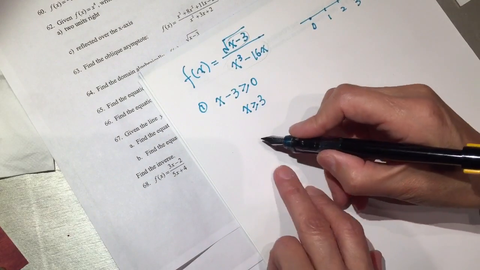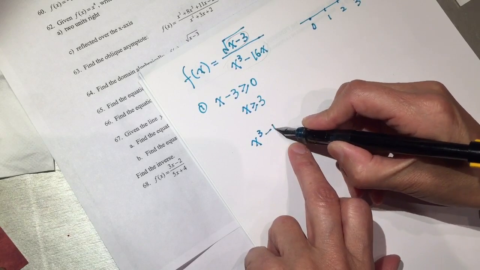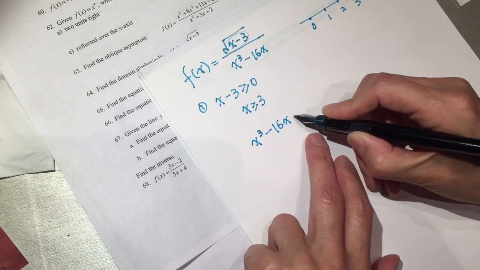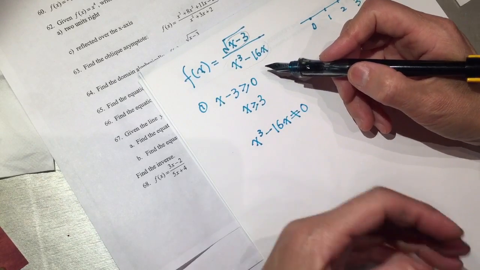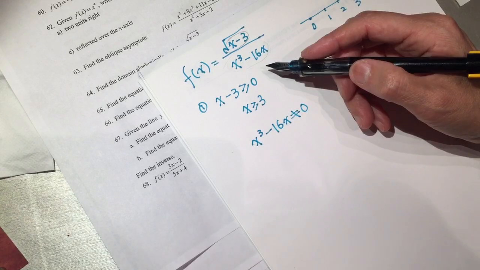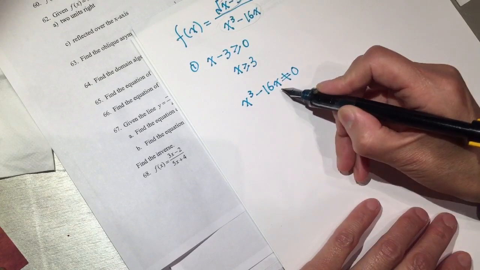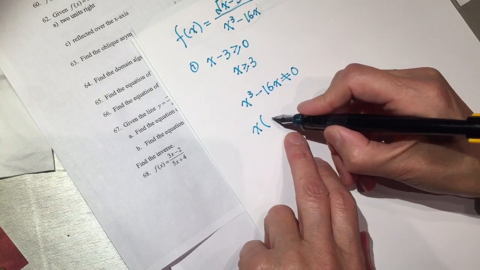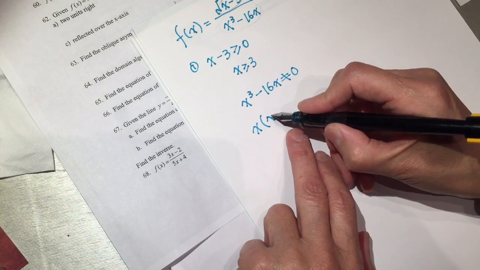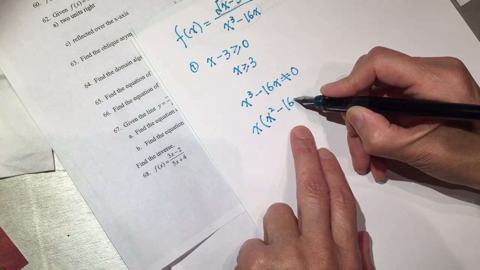Now we look at the bottom part. The bottom part, x cubed minus 16x cannot be 0. It can be positive, it can be negative, it can be any real number, but it cannot be 0. And for this, we can factor it, take out an x times x squared minus 16, right?